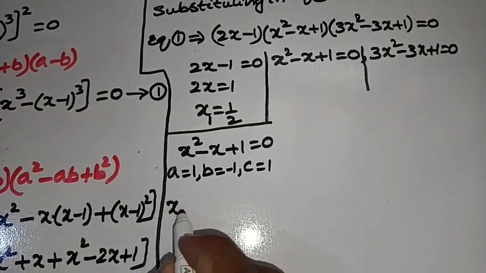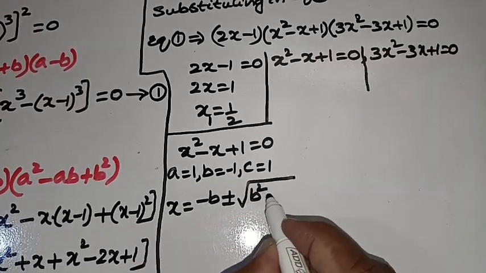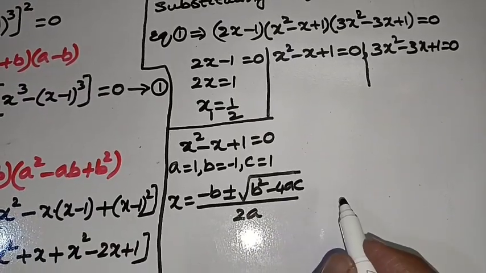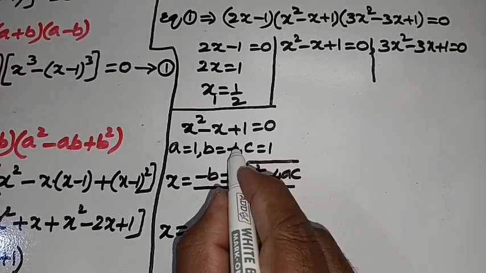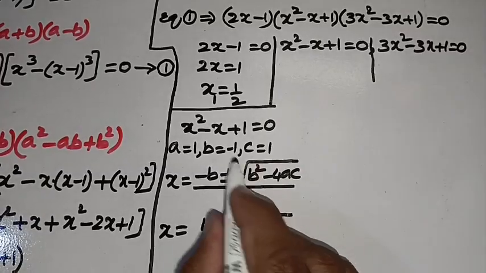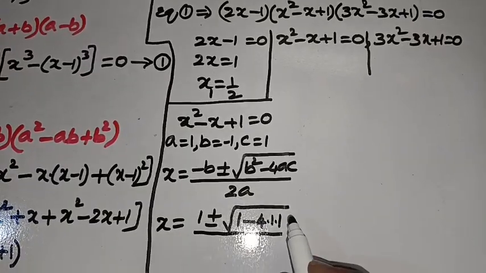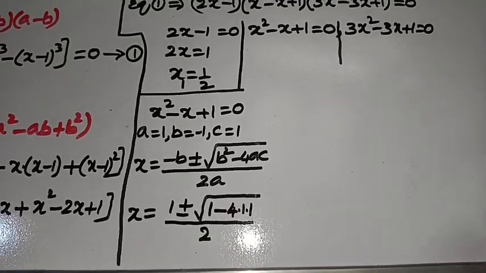So the solution is x is equal to minus b plus or minus square root of b square minus 4ac whole divided by 2a. So x is equal to minus of minus 1 plus or minus square root of 1 square is 1 minus 4 times 1 into 1 divided by 2 into 1, 2.